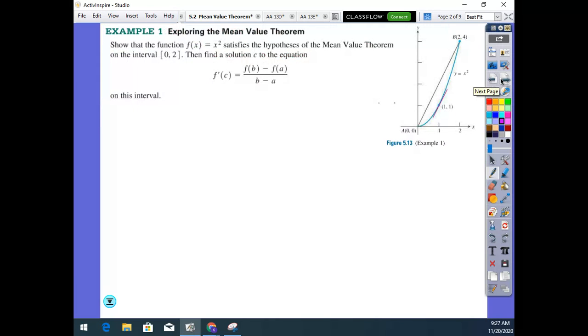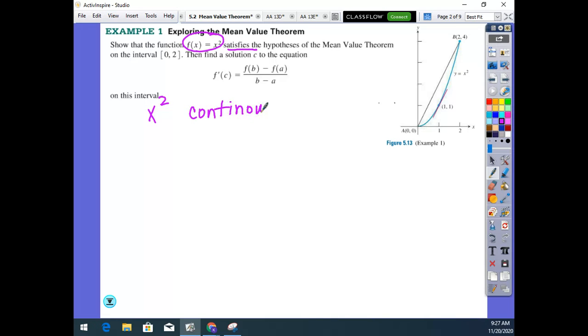Okay, so this just says, show that it satisfies the hypothesis. All right, first of all, is x squared, because that's our equation. What are the three things we have to satisfy? Continuous, yes, x squared is a continuous function.